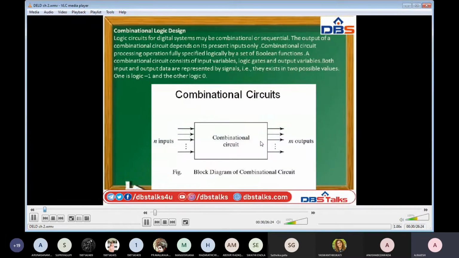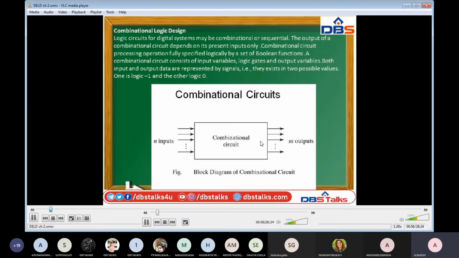A logic circuit for a digital system can be either a combinational logic circuit or a sequential logic circuit. By using combinational or sequential logic circuits, we are going to design a digital circuit. The outputs of a combinational circuit always depend on its present inputs only.